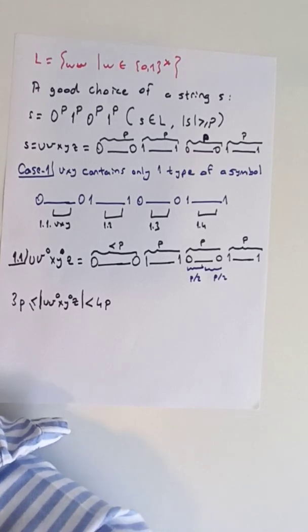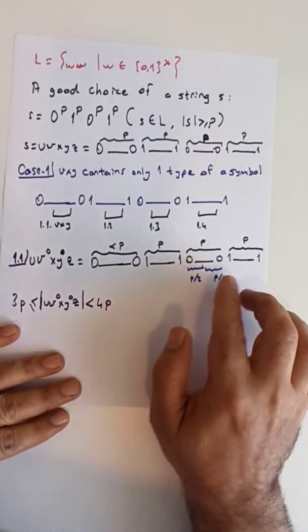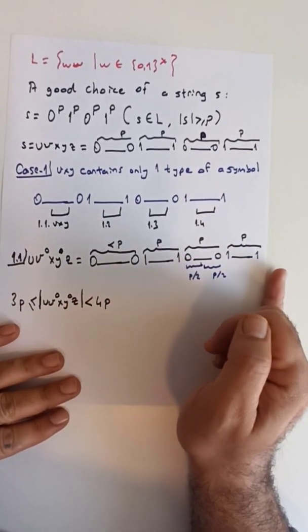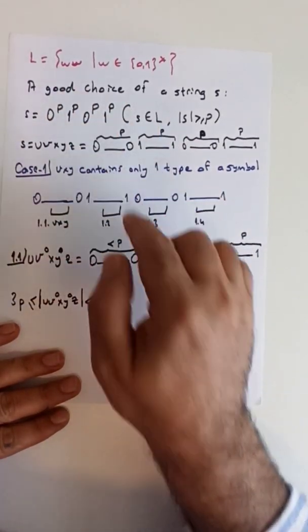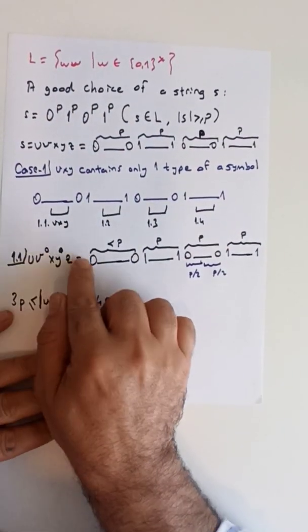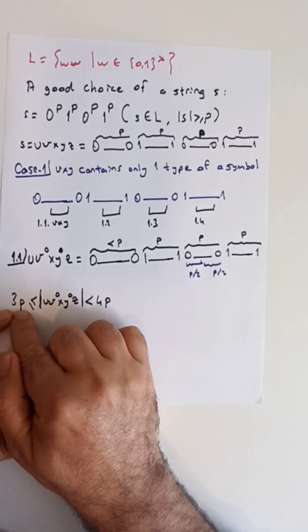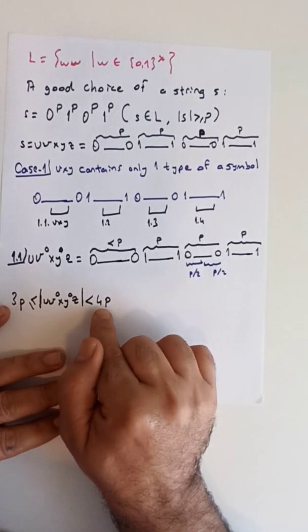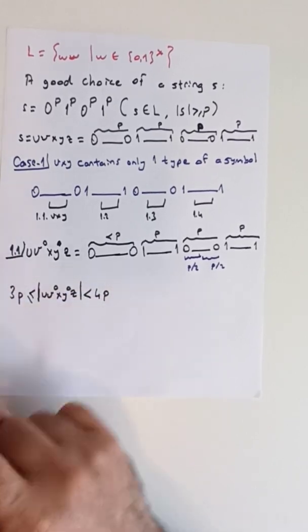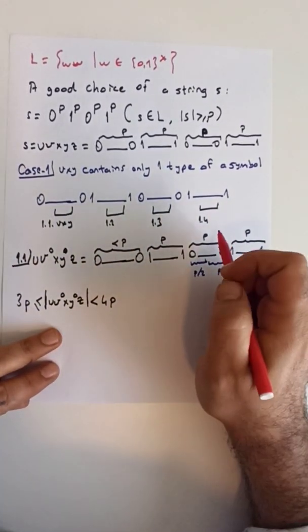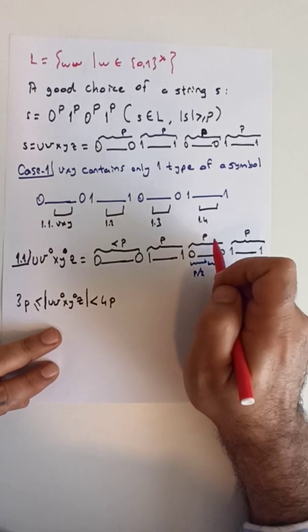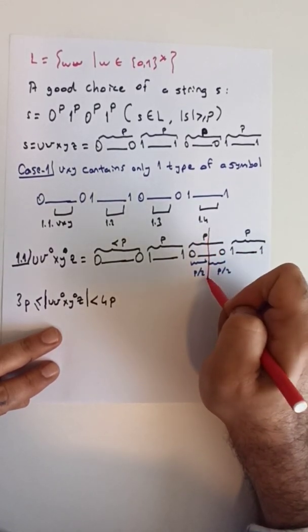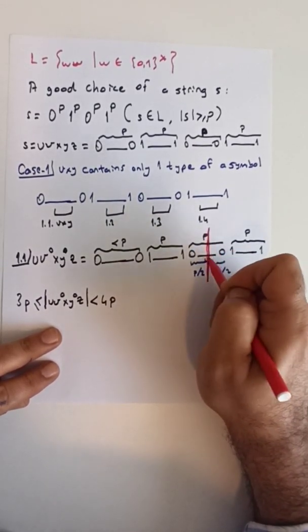If this is the case, it should be clear that the right half of the whole new string should have at least length 3p divided by 2, and at most length 2p. This tells us that the middle of the new string is somewhere in this range.